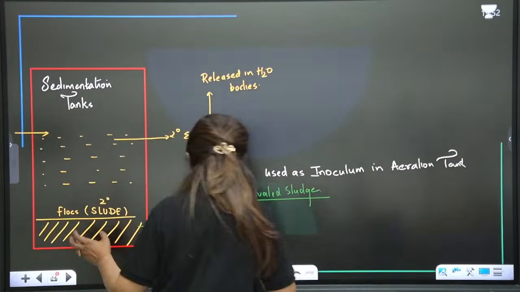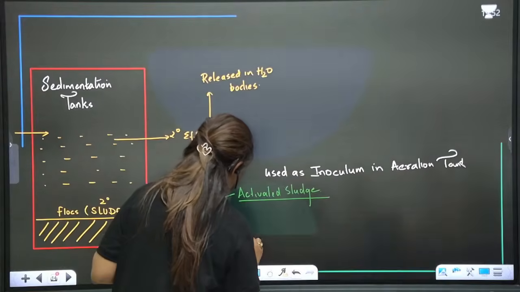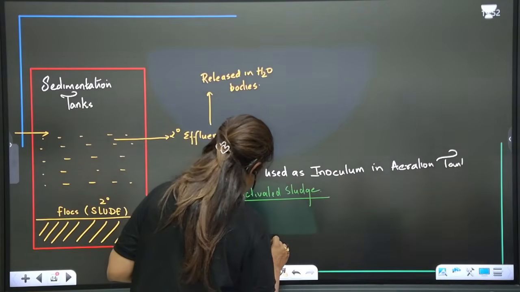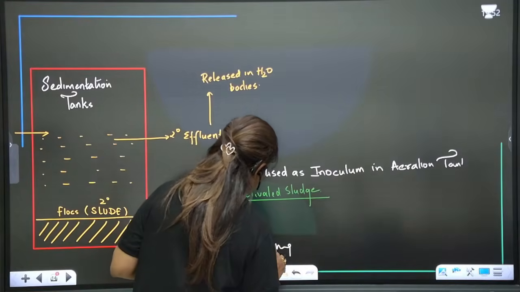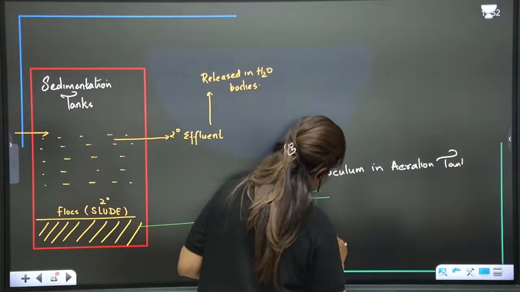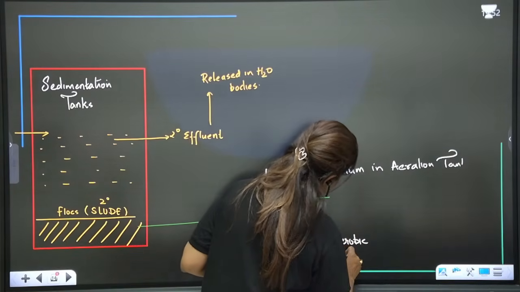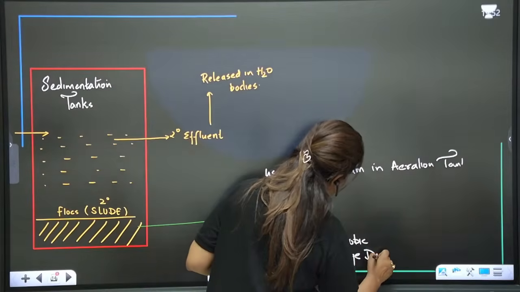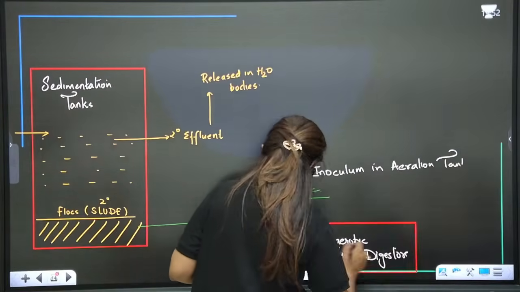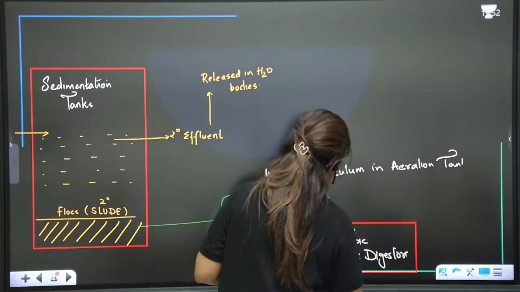And what about the remaining sludge? The remaining sludge is sent to anaerobic sludge digesters. So what do these anaerobic sludge digesters have? Basically they have methanogens.